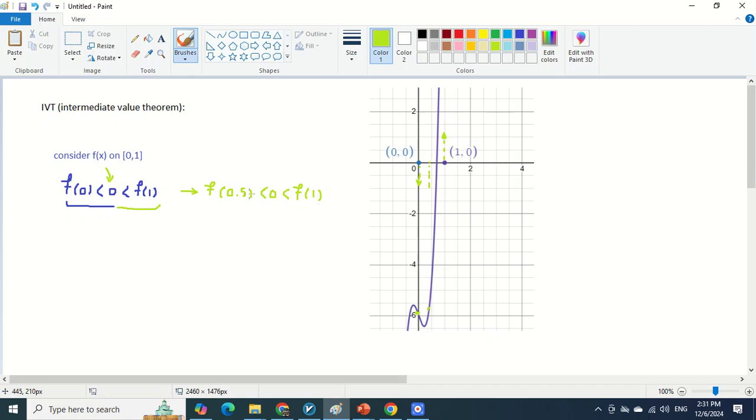We can determine the value between half and 1, which is 0.75. If you find the midpoint between 1 and half, you add them, it's 1 and half, and divide it by 2, it will be 0.75.